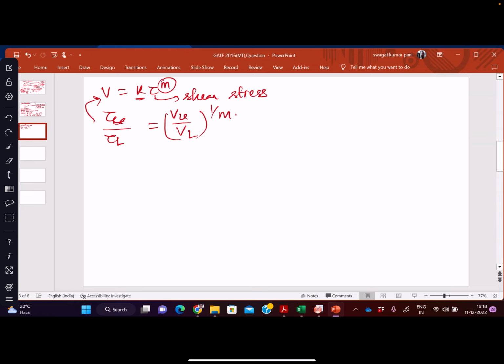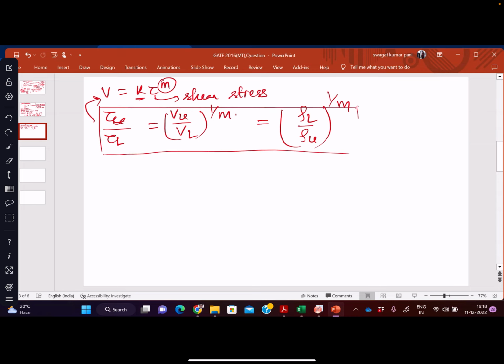V and tau are directly proportional. So if we get the power of 1 by m, then this m will be removed. So we get this relation. And we know v_u by v_l is rho_l by rho_u. This one also remember.